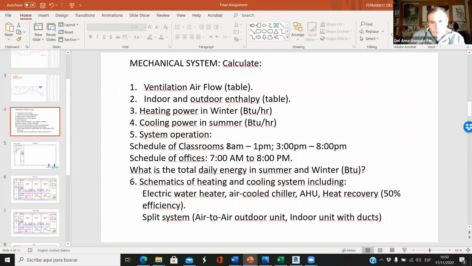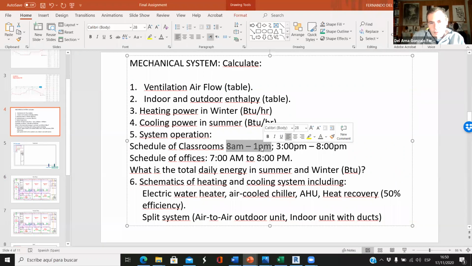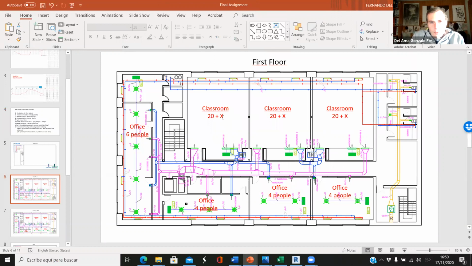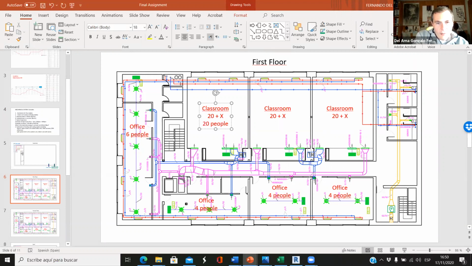The classrooms are at full occupancy, 20 or 25, 30, 29 maximum, from 8 to 1 p.m. and then from 3 to 8 p.m. So if we have 20 people times 20 CFM, this is 400 CFM per classroom.